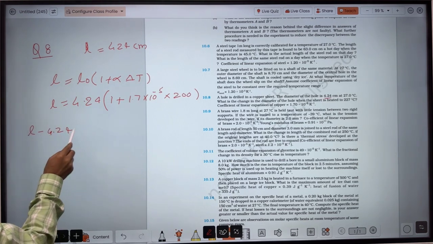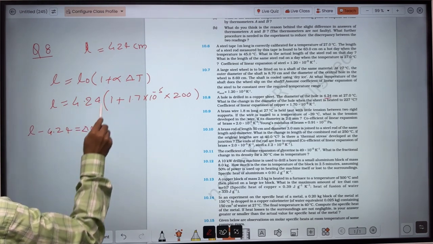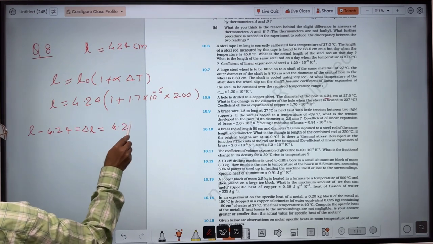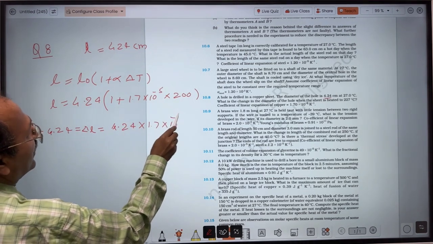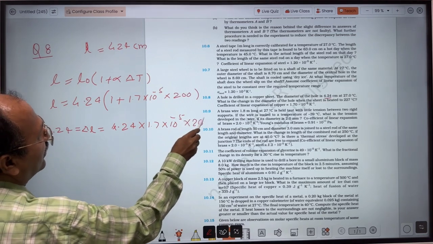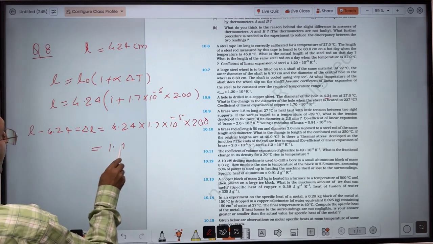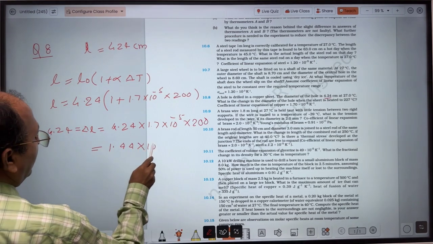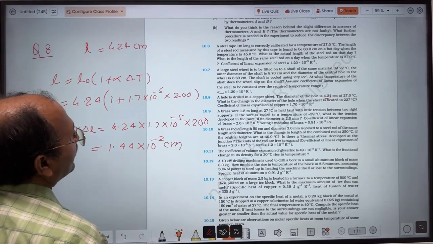Because L minus L0 is delta L. So delta L is to be found, and this is 4.24 multiplied by 1.7 into 10 to the power minus 5 into 200, right? And then simplify, and this will come out to be 1.44 into 10 to the power minus 2 centimeter, right?